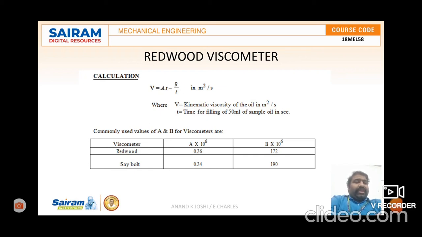For the Redwood you have to use A as 0.26 into 10 power of 6, and B is 172. We use those constants in this equation, and since we already know the T value, we substitute it and get the answer.